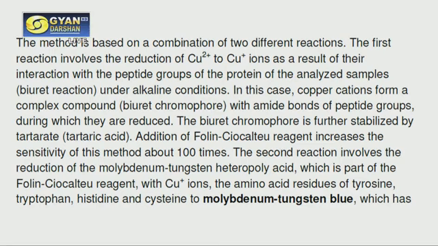The biuret chromophore is further stabilized by tartaric acid. Addition of Folin-Ciocalteu reagent increases the sensitivity of this method about 100 times. So you can understand the mechanism of the blue color formation during the protein estimation.